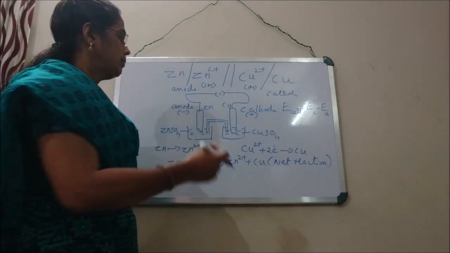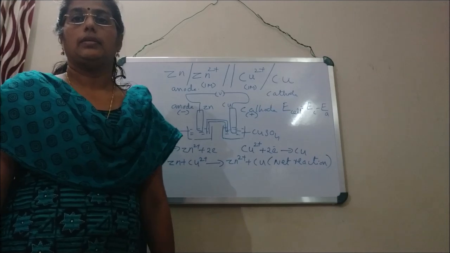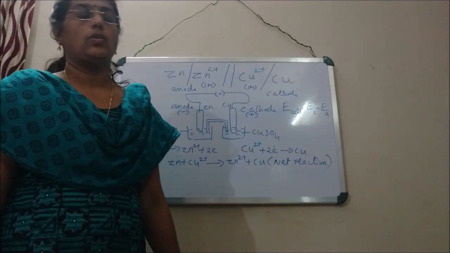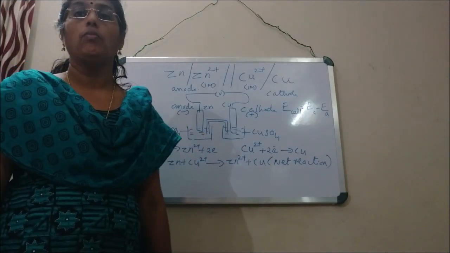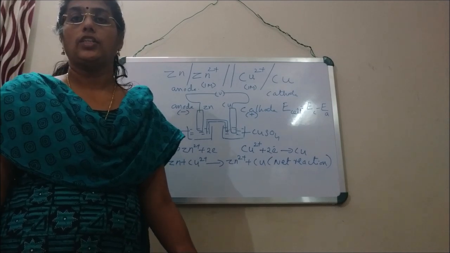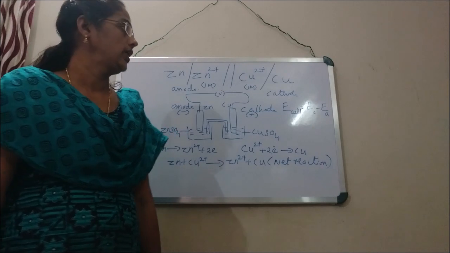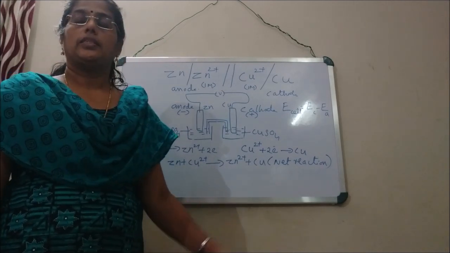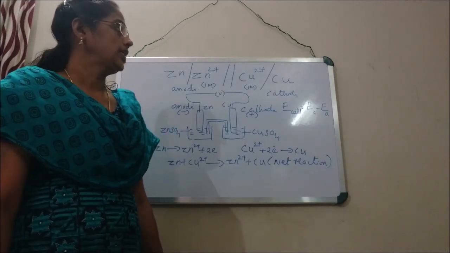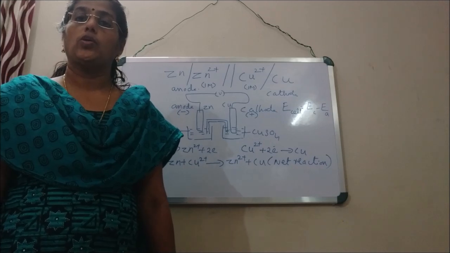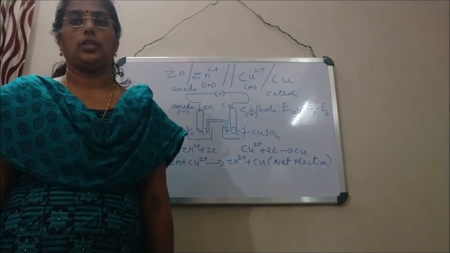When we are representing this in the standard way, if the concentrations of the solutions are 1 molar, if any gaseous material is present, its pressure is 1 atm, that is 1 atmosphere, and if the substances are very pure, we can say that the electrode potential can also be called standard electrode potential.